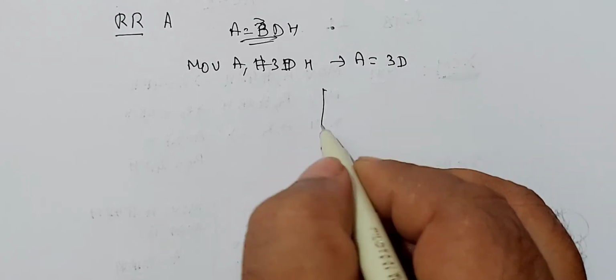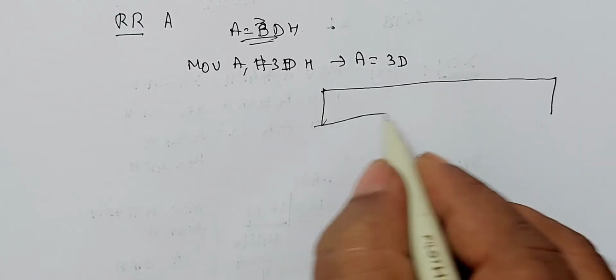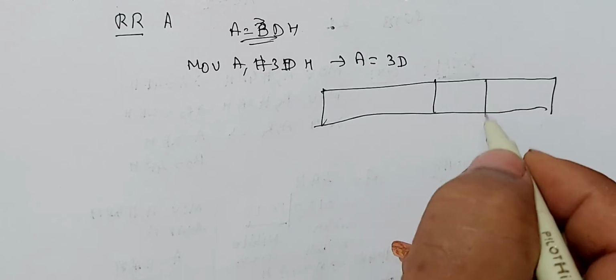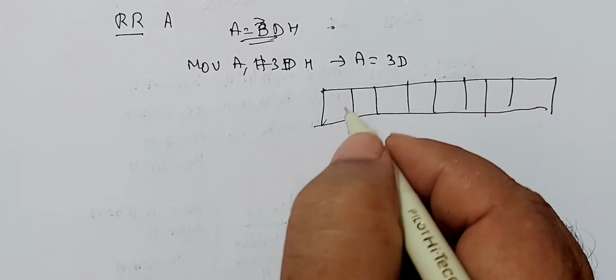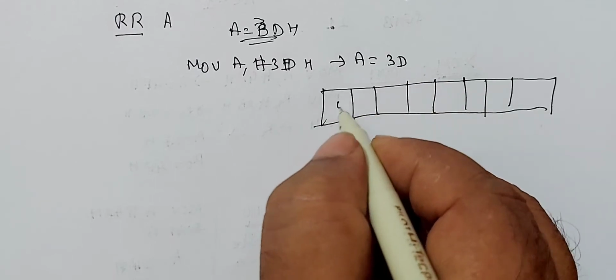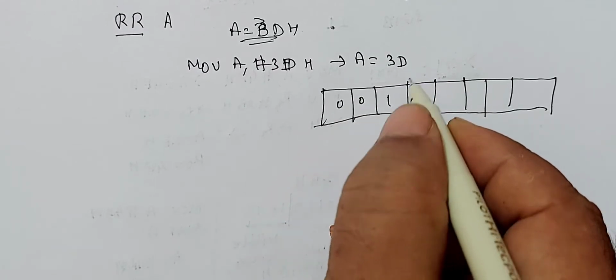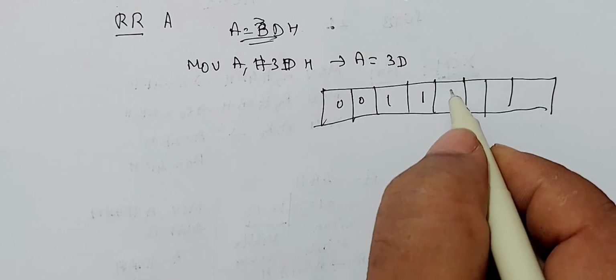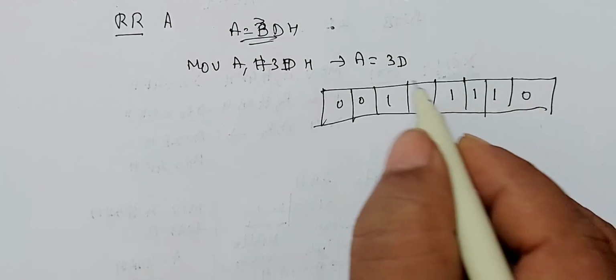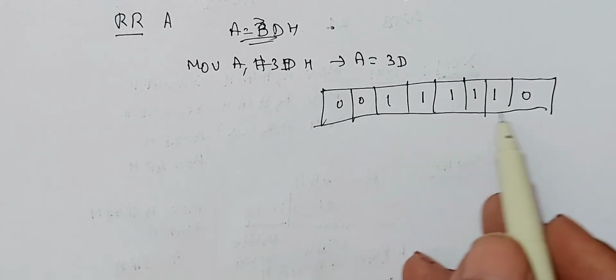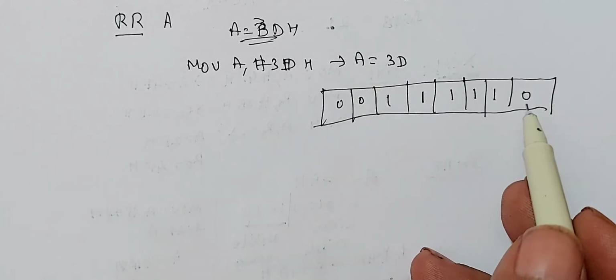What is 3D? A is an 8-bit register in which 3D is stored. 3 means 0, 0, 1, 1. D means 14. That is 8 plus 4 plus 2, 14. 1, 1, 1, 0 is D. So this value is loaded in A now.